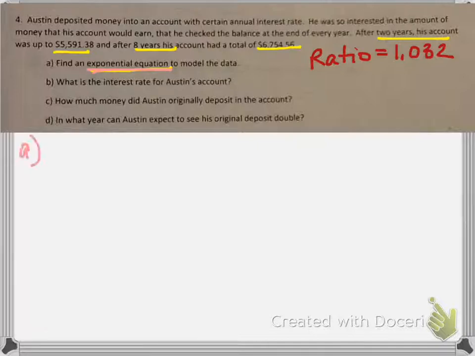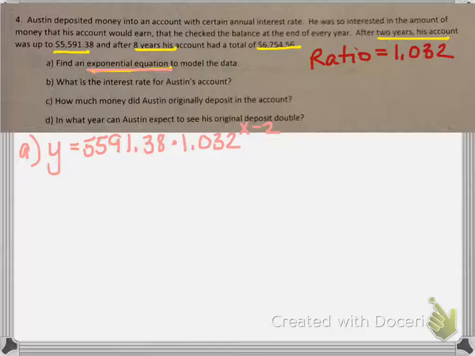So A, we get y equals, doesn't matter which one, I'm going to stick with the first point. So I'm going to have $5,591.38 times B, which is my ratio, so now 1.032 to the x minus 2 power.